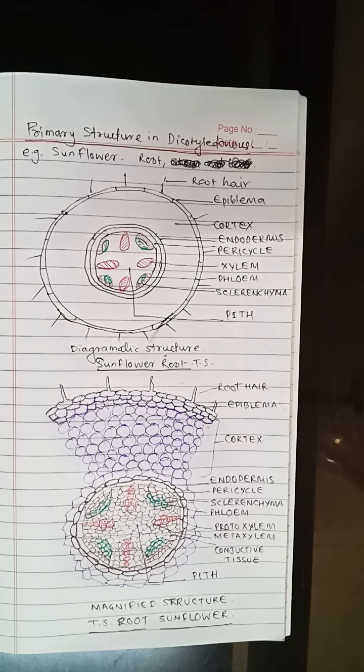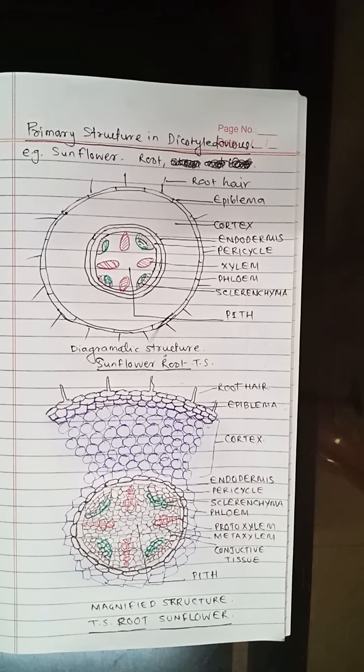Then endodermis. This is the innermost layer of the cortex and forms a ring of compact barrel-shaped cells around the vascular bundles or stele. The radial and also the inner walls of the endodermis are thickened.